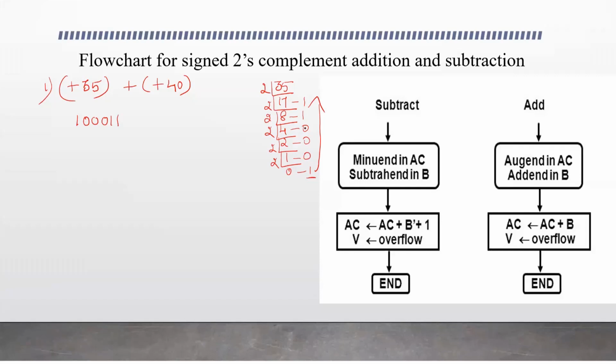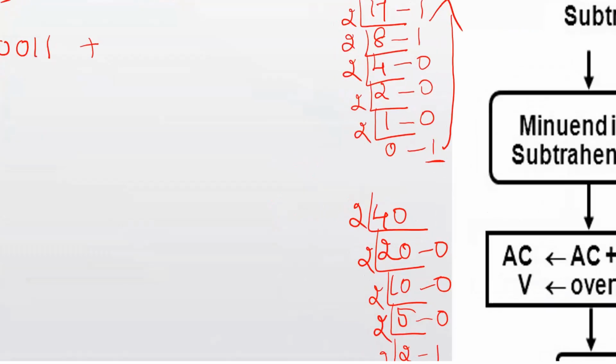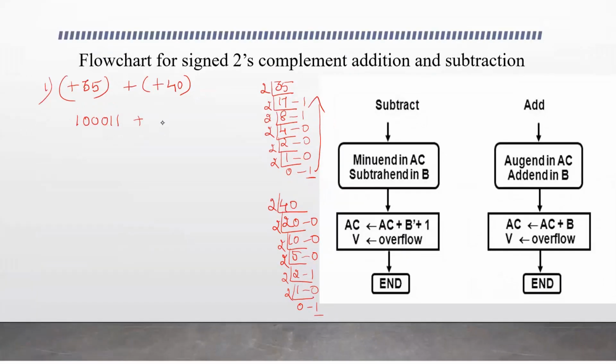So 1 0 0 0 1 1 plus the second number, 40. Find the binary equivalent: 20, 10, 5, 2, 0, and here 1. So we take it this way: 1 0 1 and 3 zeros, 1 0 1 0 0 0.